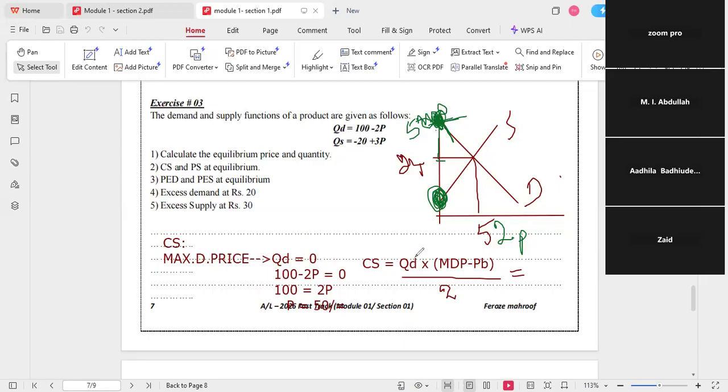Don't forget this. Then see, QD is 52, right? Maximum demand price is 50. Buyer's price is 24. Okay, divided by 2.